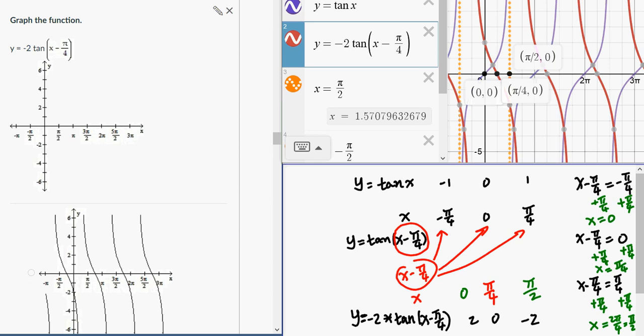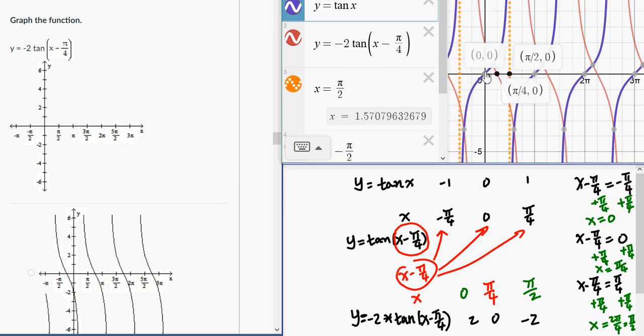Now, let's see how we are going to graph y equals -2 times tangent x minus pi over 4. Recall again, tangent x is the graph here, starting, let's say, from the origin and going up.